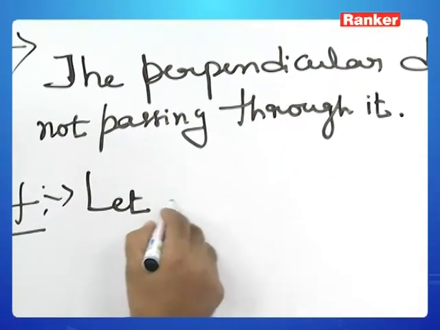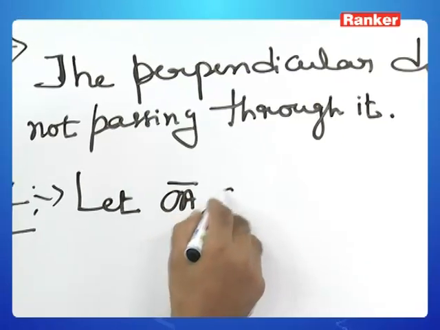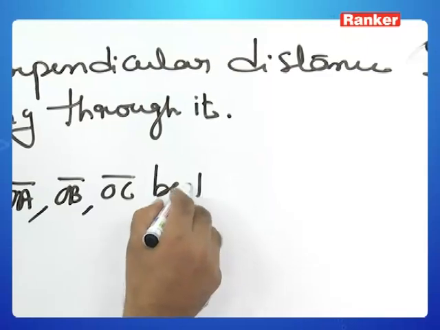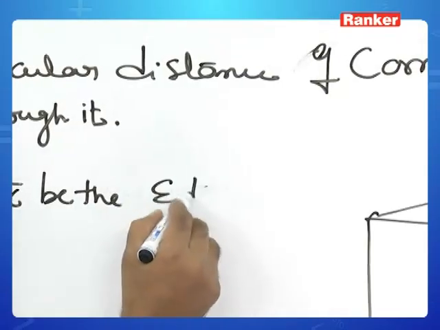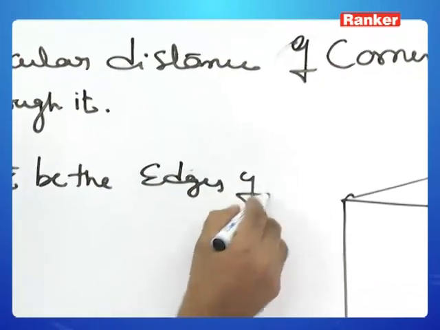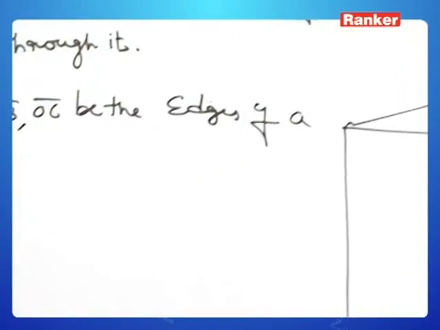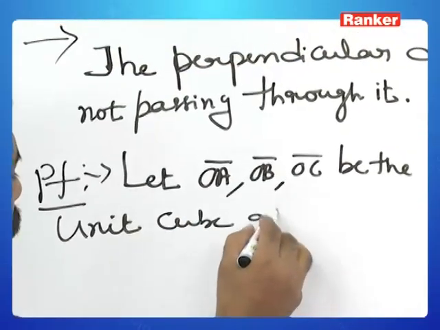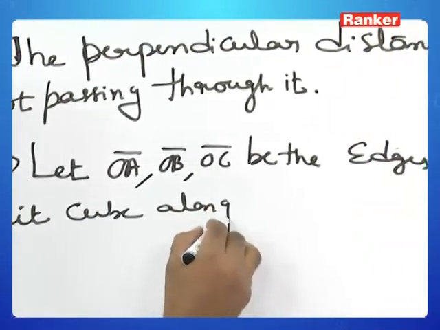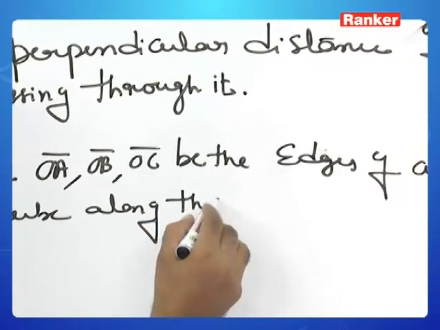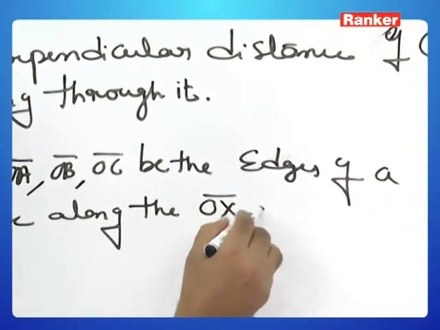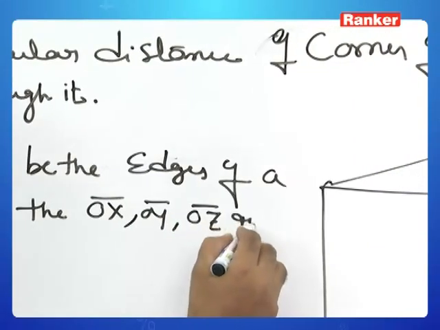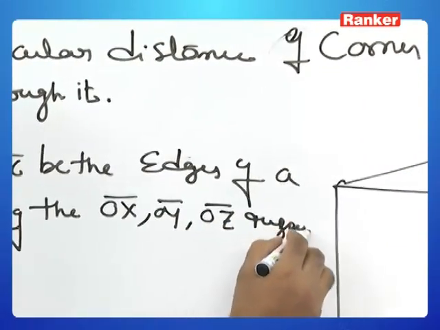Let OA bar, OB bar, OC bar be the edges of a unit cube along the OX bar, OY bar, OZ bar respectively.